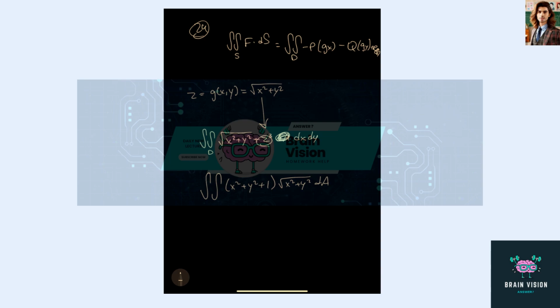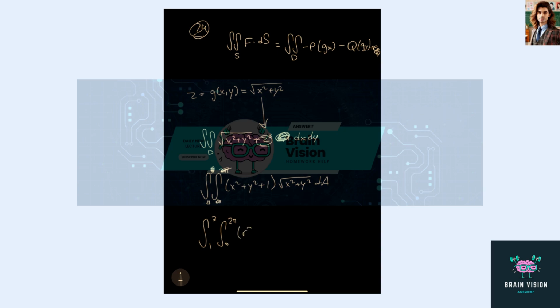Then we can convert this to polar coordinates. So when we do that, we recognize that the radius of the region is between 1 and 3, and our theta value is between 0 and 2 pi.